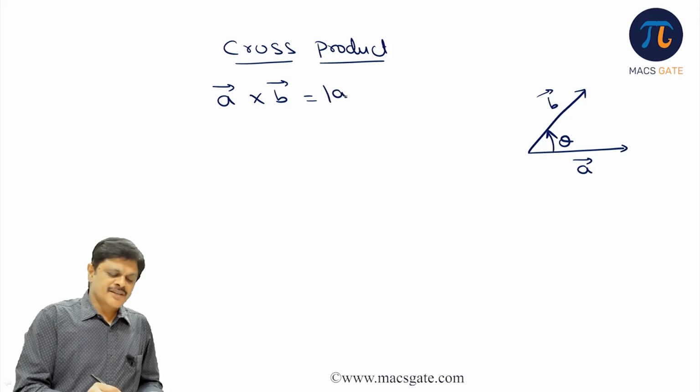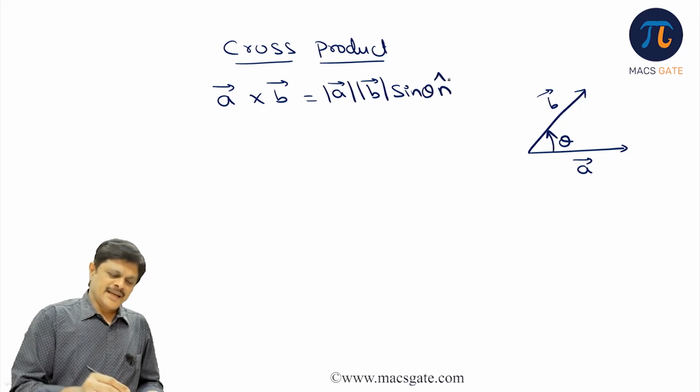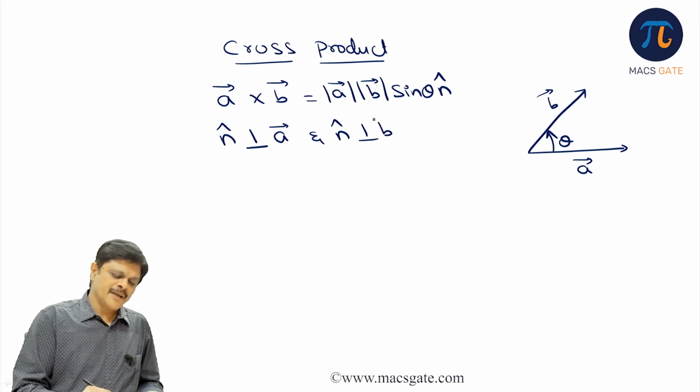So the cross product is defined as length of A into length of B, sine of the angle between the two vectors, multiplied with n hat, where n hat is a unit vector perpendicular to both A and B. That is, n hat is perpendicular to both A and B.